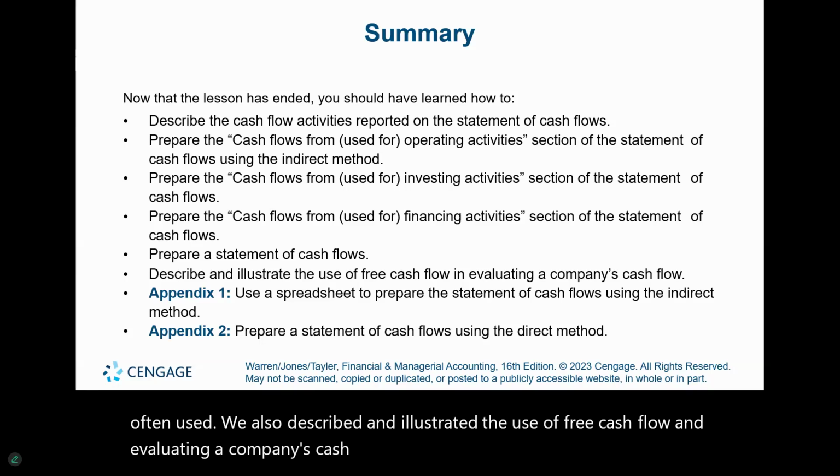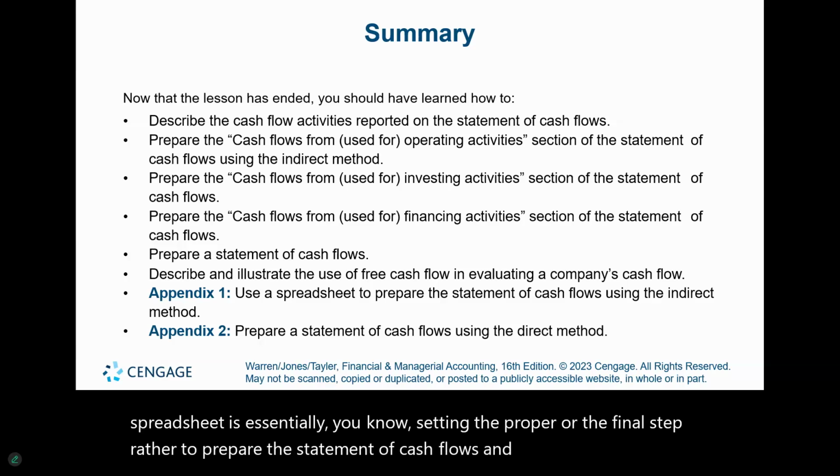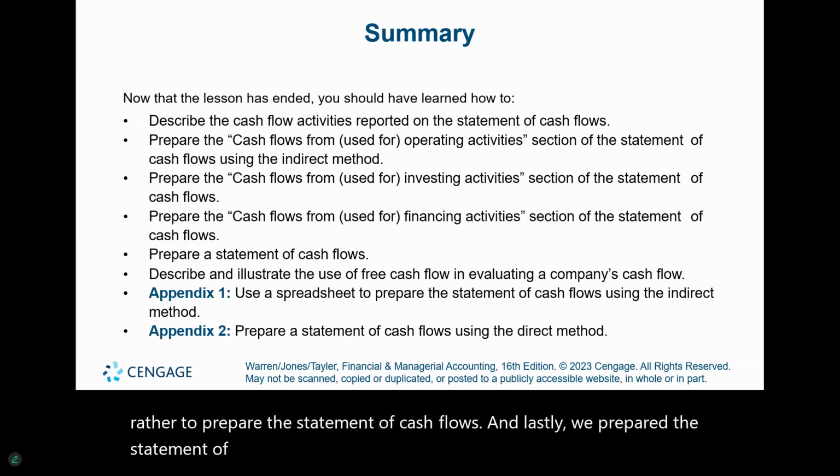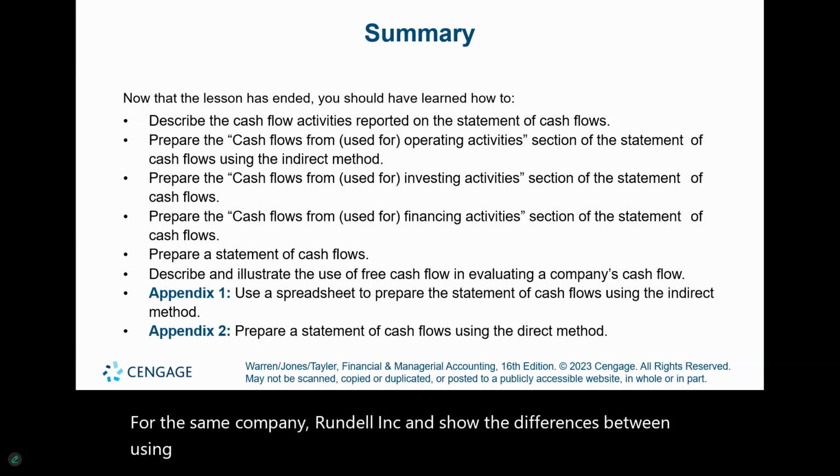In Appendix 1, we learned how using a spreadsheet is essentially the final step to prepare the statement of cash flows. And lastly, we prepared the statement of cash flows for the same company, Rundell Inc., and showed the differences between using the indirect and the direct method.